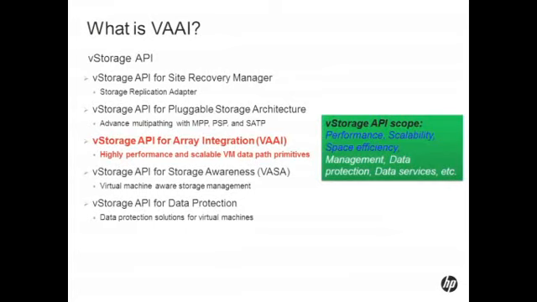So when you create a virtual machine, you can associate the virtual machine to this profile-driven storage, guarantee of service, right? So that's what VASA does. And of course, the vStorage API for data protection, HP Data Protector 6.1 has integration. It's basically an evolution of our VMware consolidated backup.